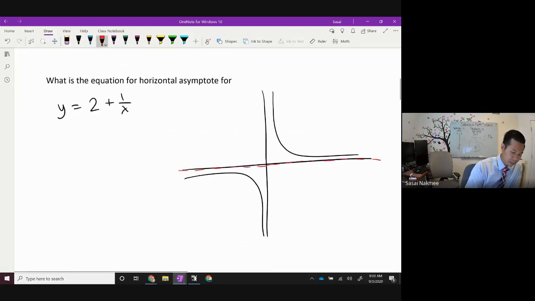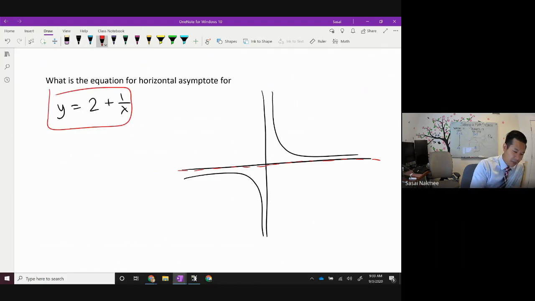What I could do is realize that this notation is very similar to f of x plus k. If you remember, that plus value outside of your function is a vertical shift. If it were inside the function, it'd be a horizontal shift. Outside the function, it's a vertical shift, and this applies here. This 2 is like your plus k.